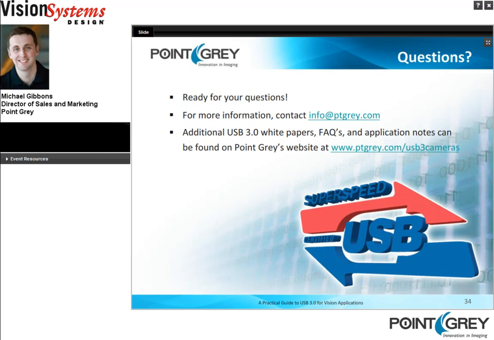In our case, our FlyCapture SDK is free, which allows you to develop a custom application that interfaces with our cameras at no cost. A lot of the third-party software packages out there that are USB 3 Vision compliant, you do have to pay for. And of course, there are advantages with that as well, as a lot of those software packages have vision processing capabilities that our FlyCapture SDK does not.